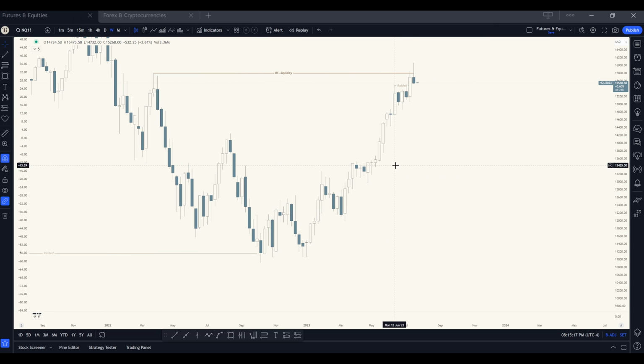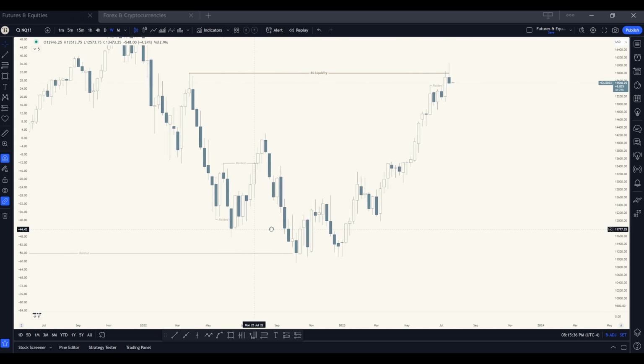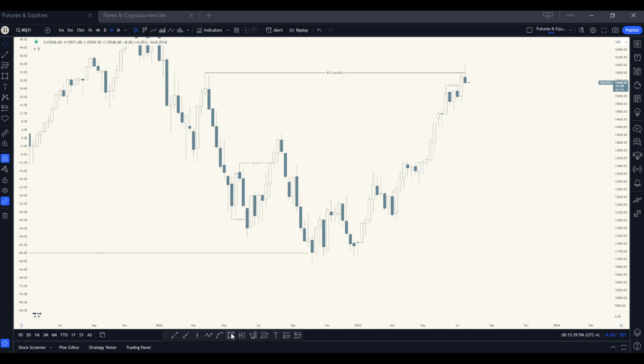Now, when we have something like our Judas swing, our initial Judas swing, I feel like an old man right now, just taking my time.